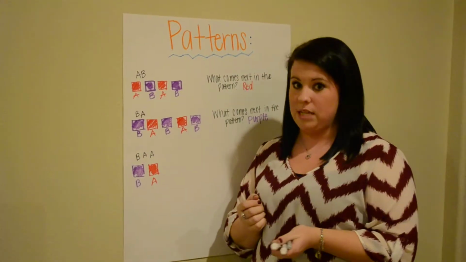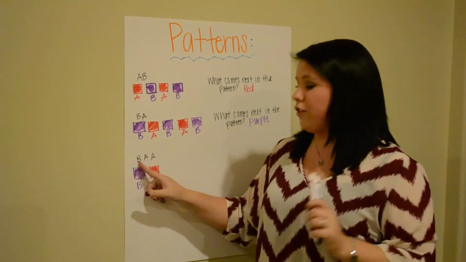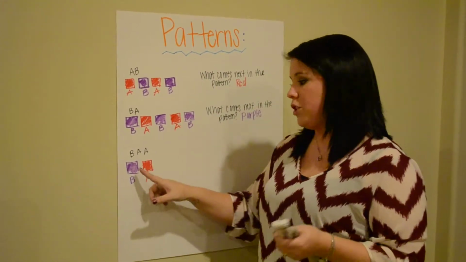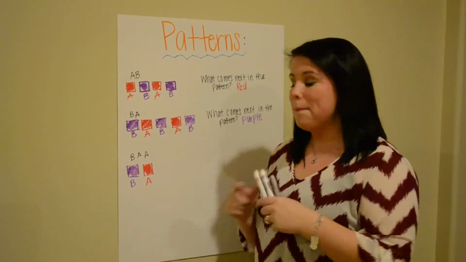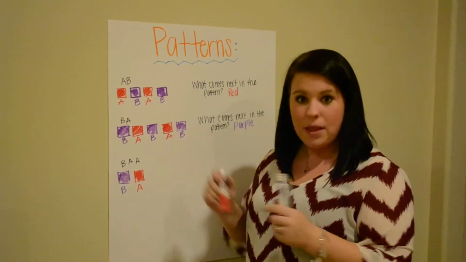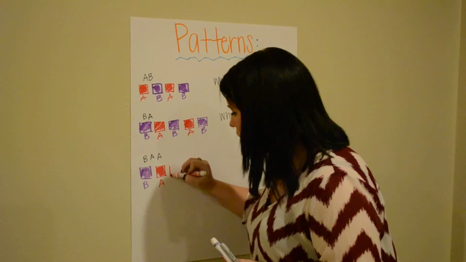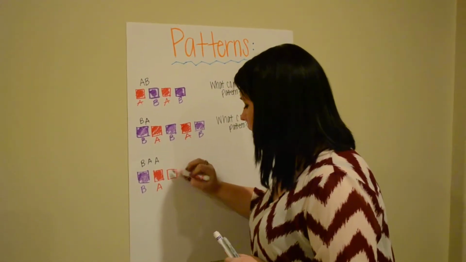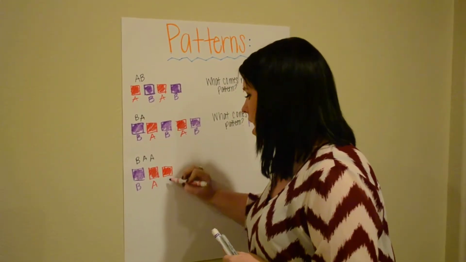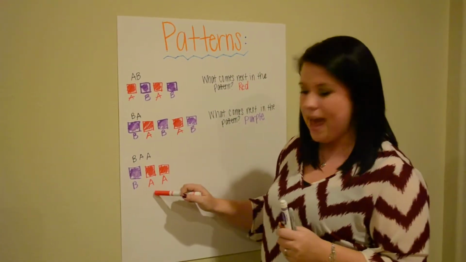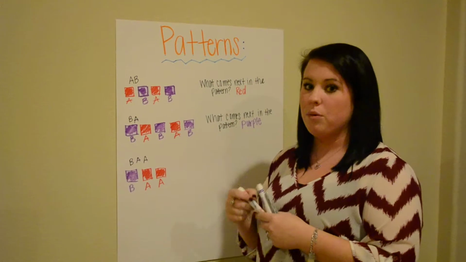This is what's different than before. So it asks us for B, A, A. When before we were used to doing purple, red, purple, red. But I threw you for a loop, and we're going to add another square of red. So we're going to color it in, and we're going to label it A. So we have B, A, A. Purple, red, red.